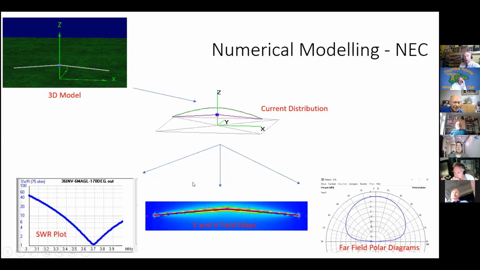Again, when I started, this came out as a text file, and you then fed that to a pen and ink plotter. Nowadays, various people have written Windows programs that capture the 3D model, feed the coordinates into NEC, and then take the output tables of numbers from NEC and produce the graphs. And I use a thing called 4NEC2, which was written by Iain G0OZS in the Netherlands. Others are available.